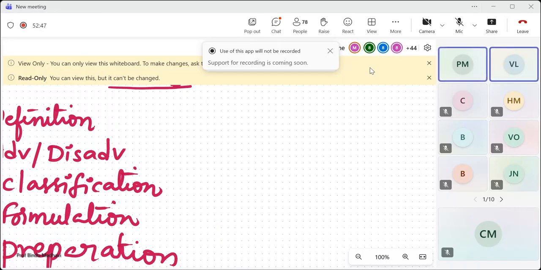These are used especially for local action. Vaginal and rectal routes are used for local action. The transdermal route can be used both for local action and systemic action.